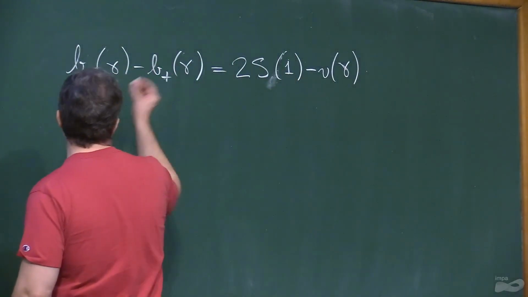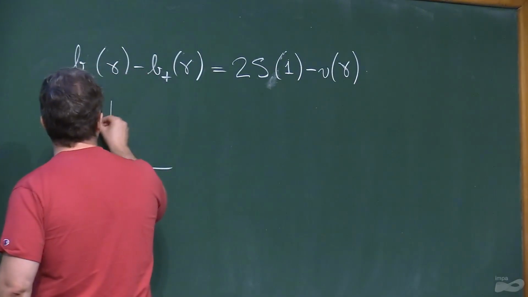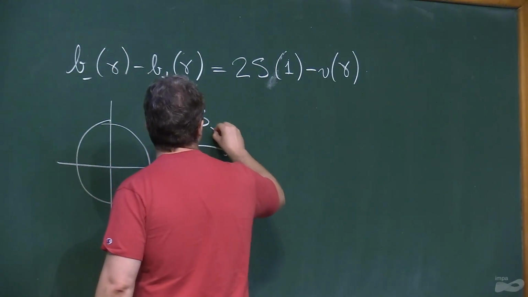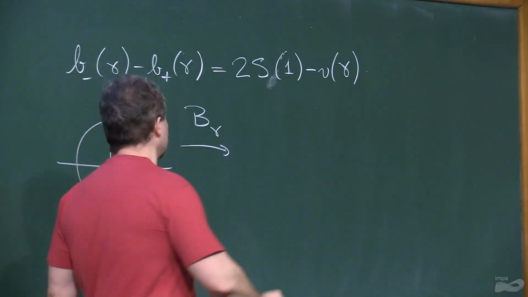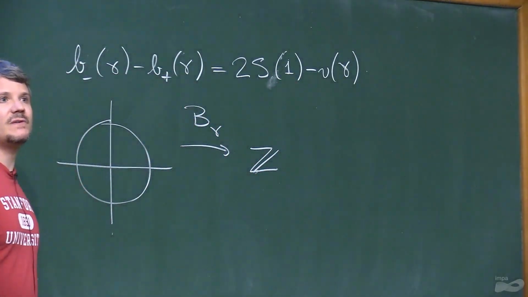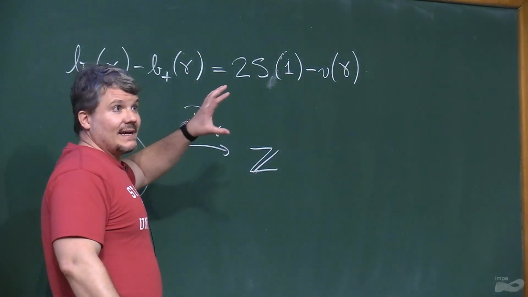You have this closed orbit gamma, and from gamma you can define a function on the circle. This is the Bott function, and it takes values in Z, so integer values. This function has a lot of very nice properties.